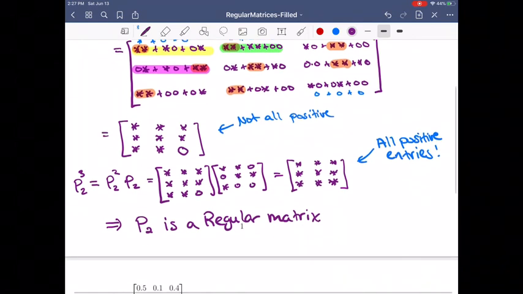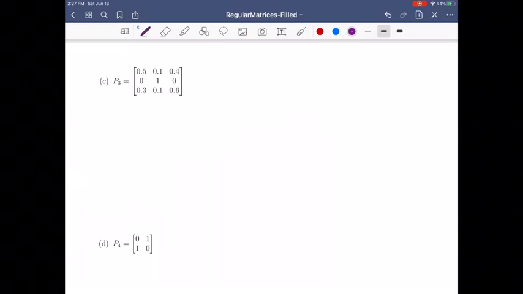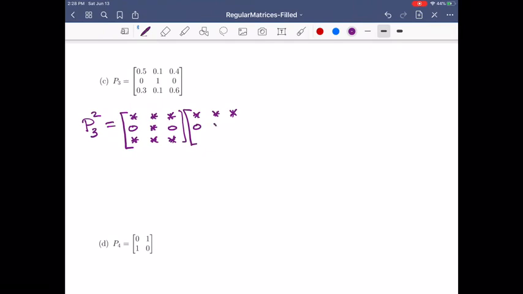Okay, let's try another one. So here I only have 2 zeros. Okay, but there are some zeros, so I need to do a square at least. So that's going to be star, star, star, 0, star, 0, star, star, star, times star, star, star, 0, star, 0, star, star, star.